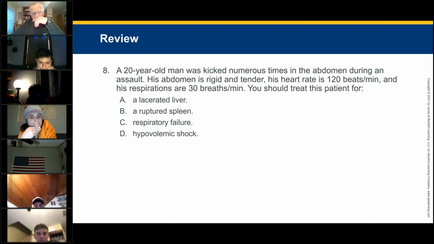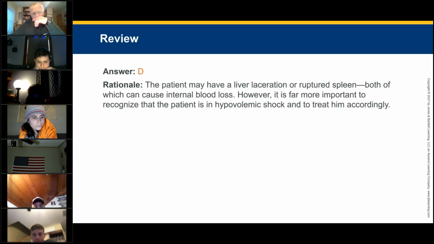All right, so with this one, remember what chapter we're in. We're talking about shock here. While he might have a ruptured spleen, ultimately what we're going to be looking for today is shock. We're going to want to treat for hypovolemic shock.